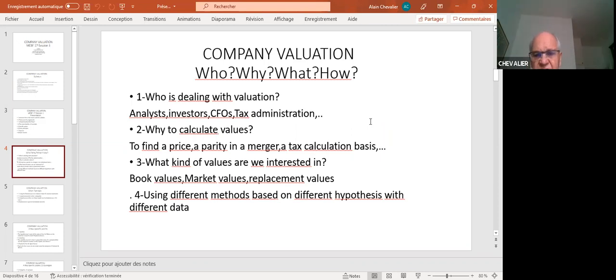We will use different methods. And the methods to be used are based on different hypotheses with different data.